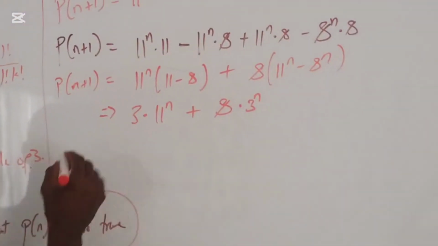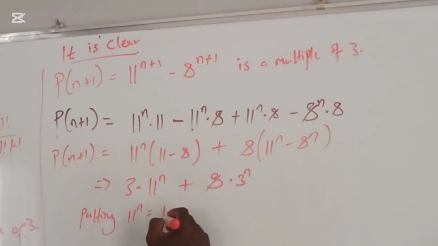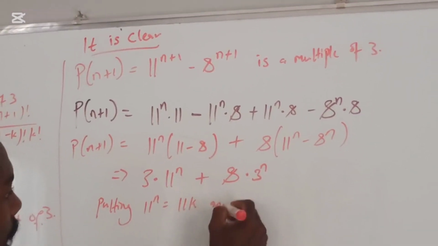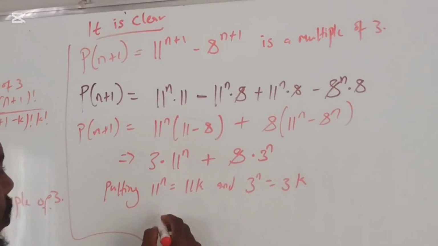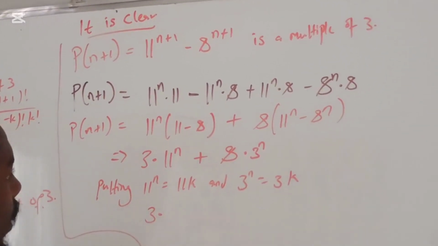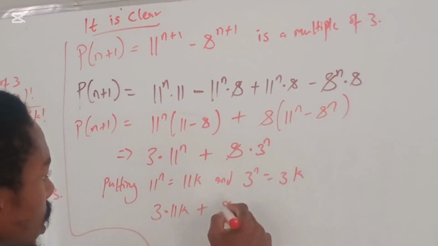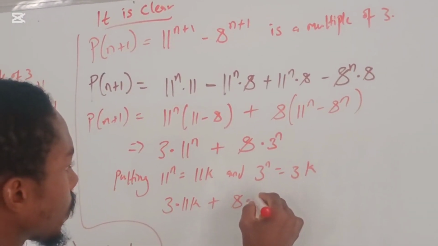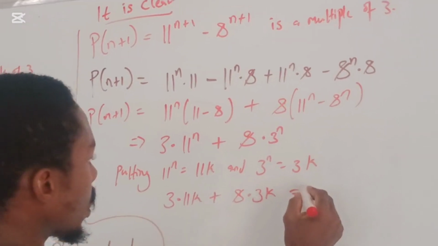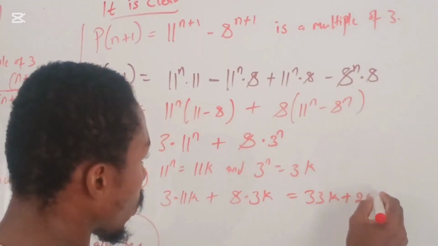Now, if I put 11 raised to the power n to be equal to 11k and 3 raised to the power n to be equal to 3k, what I have now is 3 multiplied by 11k plus 8 multiplied by 3k. This is equal to 33k plus 24k.